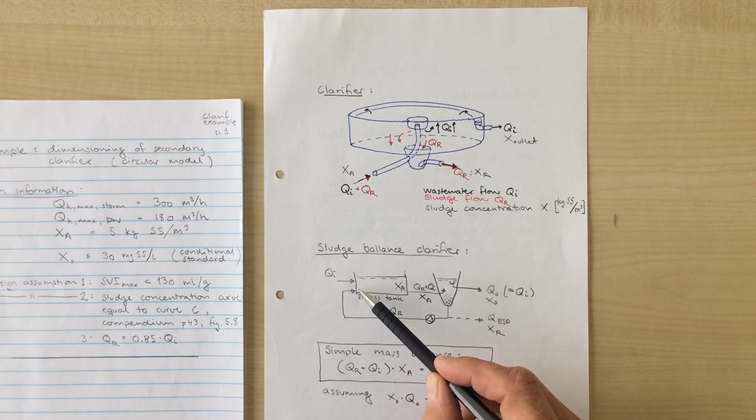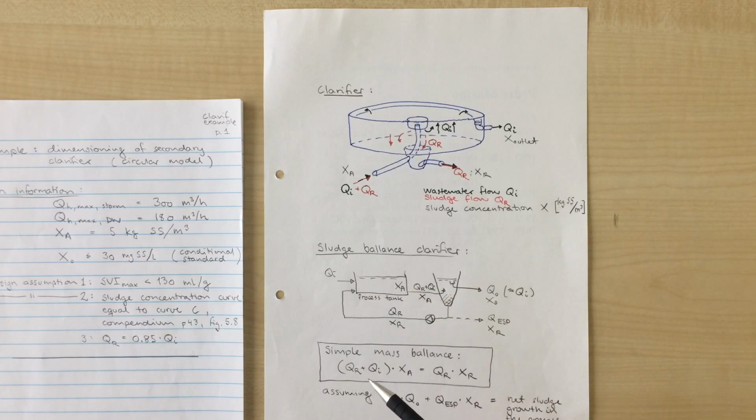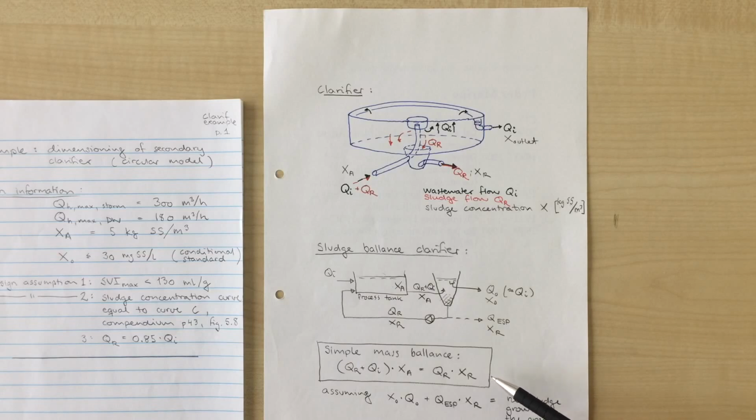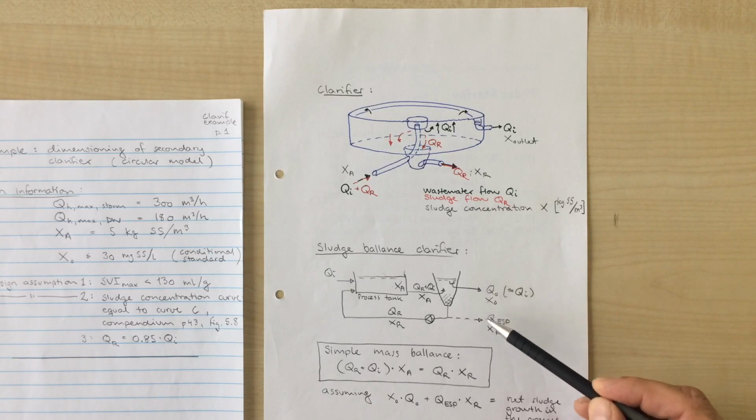The inlet concentration will be slightly smaller than the outlet concentration because we will have a growth of biomass in the system. And the reason this simplified mass balance is okay is that what goes out with the treated water and the excess sludge is equivalent to the net growth of sludge in the system. That makes our simplified mass balance acceptable, or right.